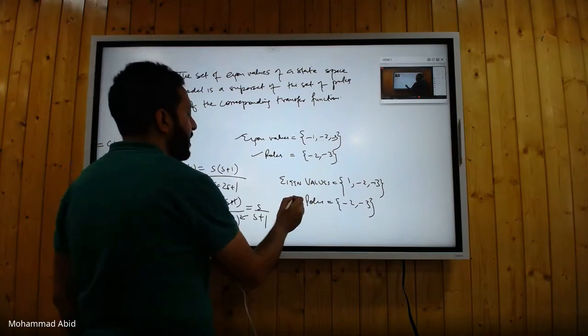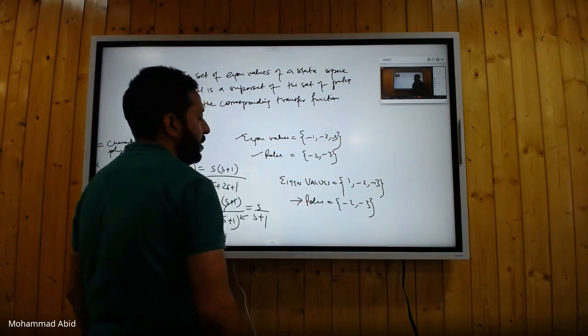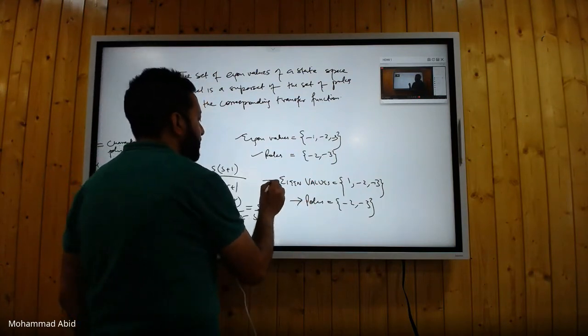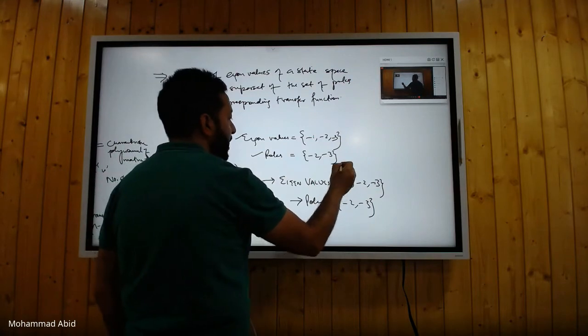So this tells you that the system is stable. But as far as this is concerned, one of the eigenvalues is in the right half of the s plane.